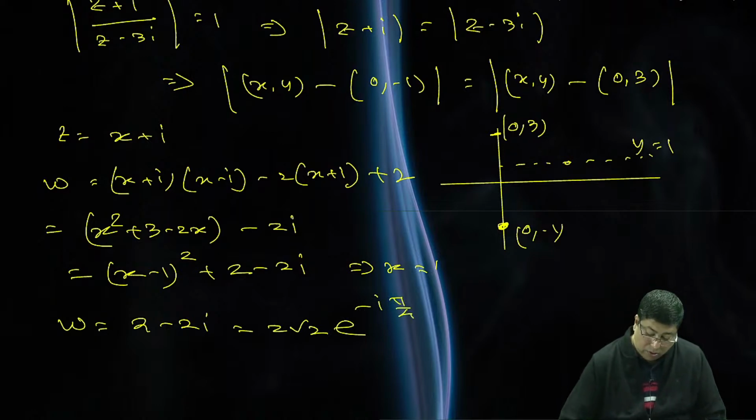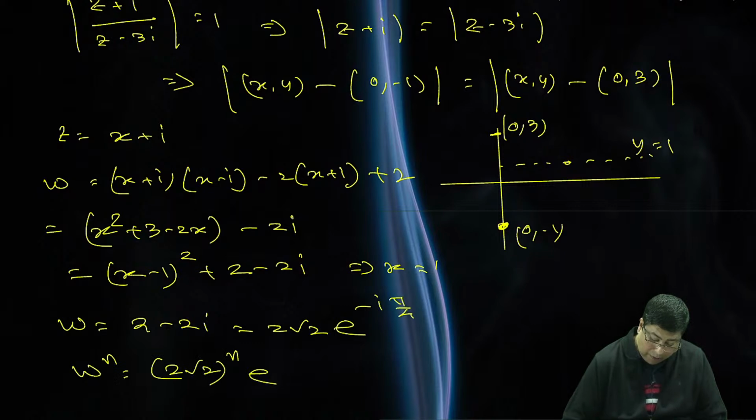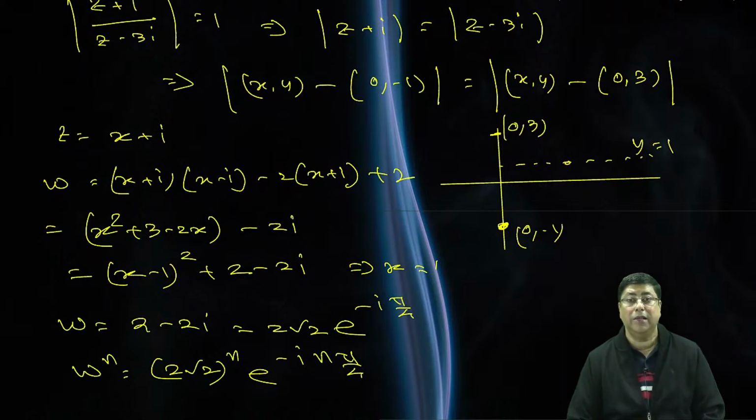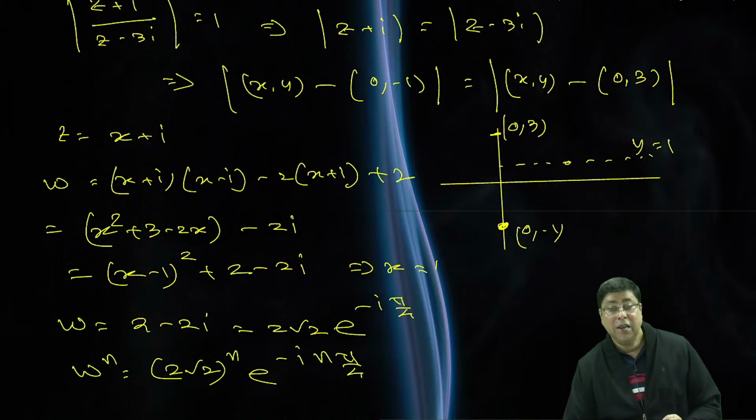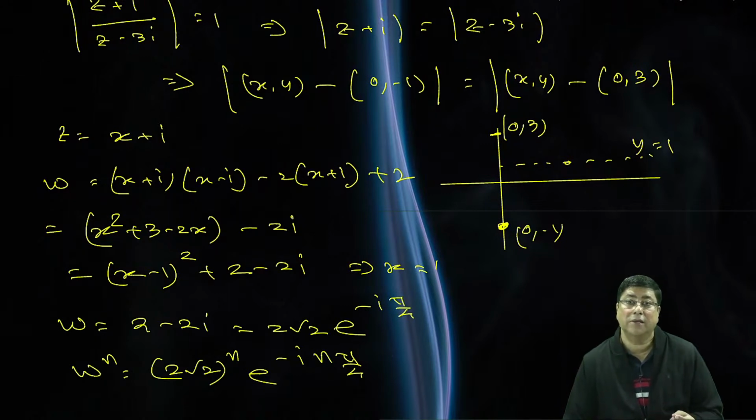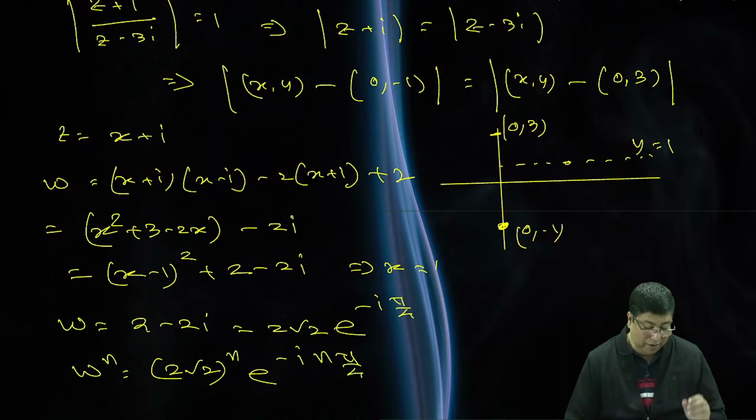Okay. So we can write omega to the power n equal to 2 root 2 whole to the power n into e to the power minus i n pi by 4. We are seeing the least value of n for which omega to the power n is real, we have to make n equal to 4. If we make n equal to 4, it will be e to the power minus i pi, that is cos pi minus i sin pi, the sine portion is 0, the imaginary part is 0, so it is real.